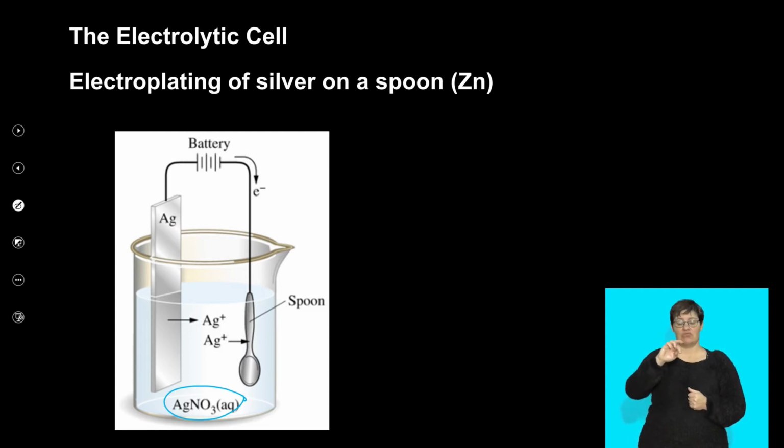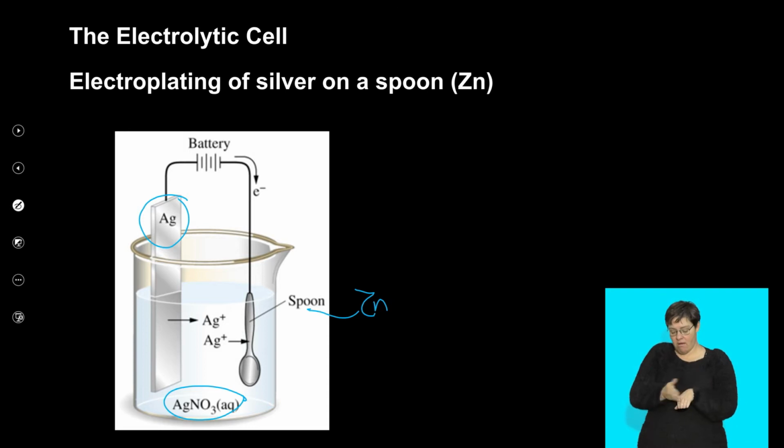And we've got an electrode that's silver. And here the spoon could be any metal, but I've chosen to make the spoon zinc. And so we've got to look and see what's happening in terms of this process, because we're wanting to get silver deposited onto the spoon.